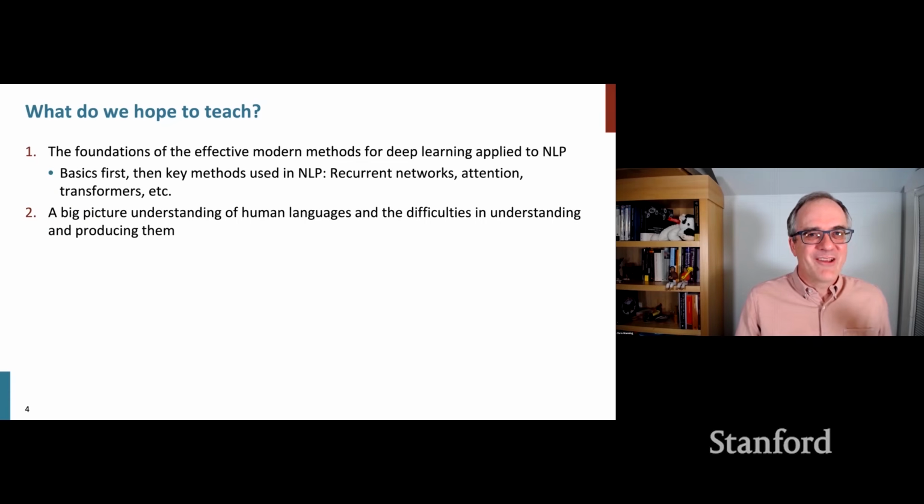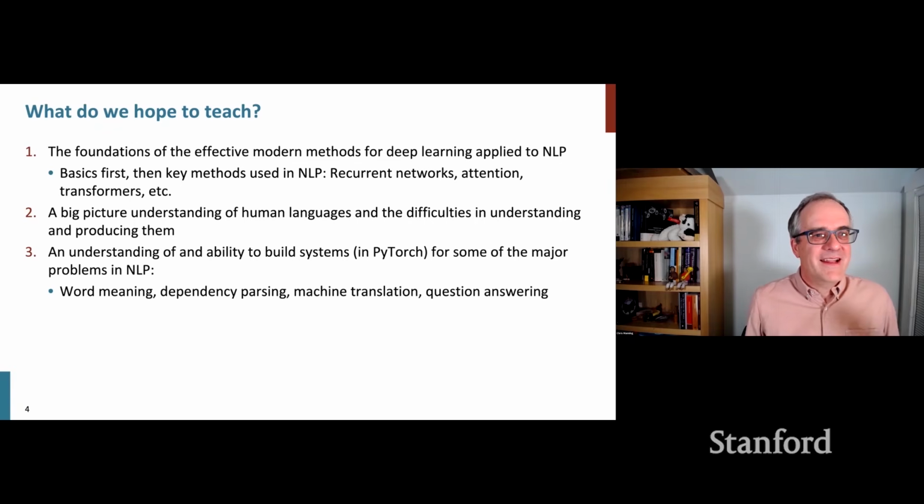But for a lot of you, this is the only human language content you'll see during your master's degree or whatever, so we do hope to spend a bit of time on that starting today. And then finally, we want to give you an understanding of an ability to build systems in PyTorch for some of the major problems in NLP. We'll look at learning word meanings, dependency parsing, machine translation, question answering.